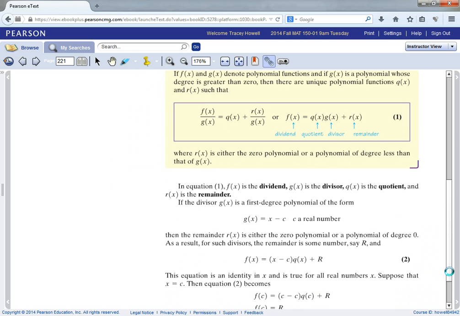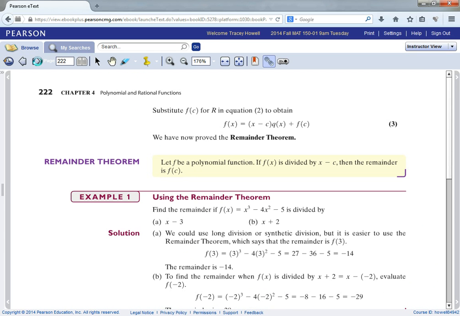All right, so what we're going to do with this is we're going to play with the remainder theorem. What the remainder theorem tells us is suppose you have this function and I want you to divide it by something that looks like x minus c. Then the remainder that you get when you do that division is exactly the same thing that you would have gotten if you had plugged in c to the original equation and figured out what that value was.